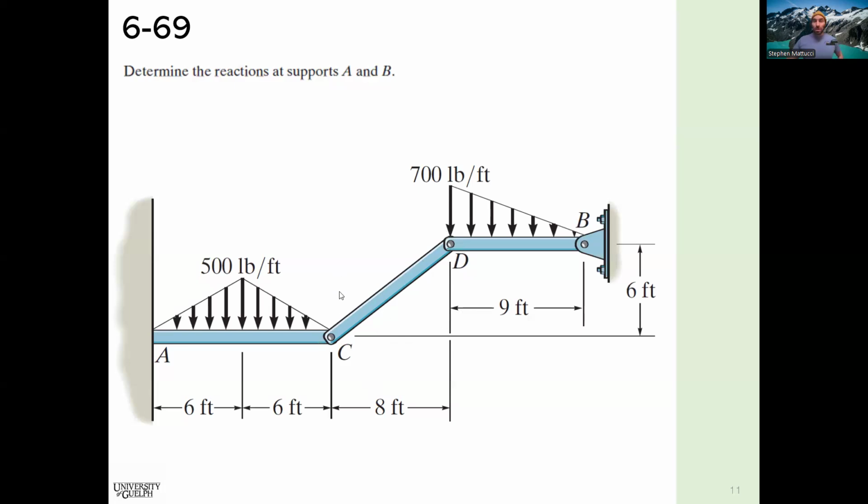Sometimes we just need to pay attention to what these numbers are and check to see whether or not they're in a ratio for a 3, 4, 5 triangle. In this case, they are for C and D. And so we'll be able to add that angle from our two force member acting at C from a 3, 4, 5 triangle. So I'll flip over to my page.